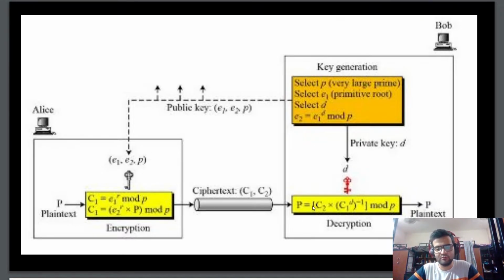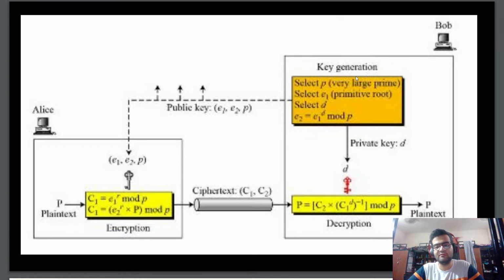P equals C2 multiplied by C1 to the power minus 1 mod P. After this, we decrypt it using Bob's private key, and we get the plain text. We can see the elements E1, E2, and P. These come from Bob's side, from his public key: E1, E2, P. And we can see how Bob generated his key.